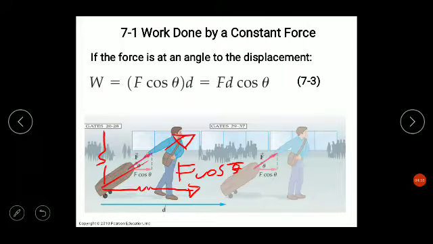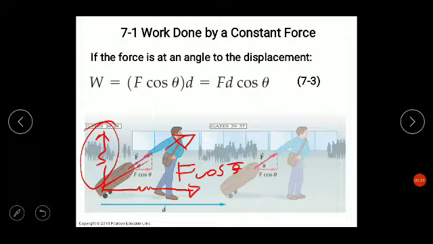How about the component along y? You might be asking, is there work done vertically? Well, no. Because this component of the force doesn't make the object move in the parallel direction. They are actually perpendicular. Remember, cosine of 90 is 0, so there is no work done on the object.